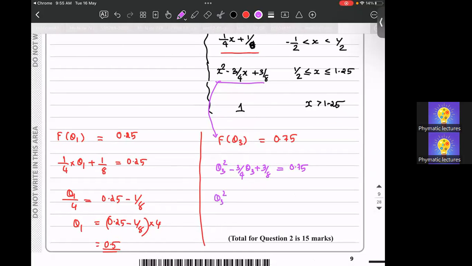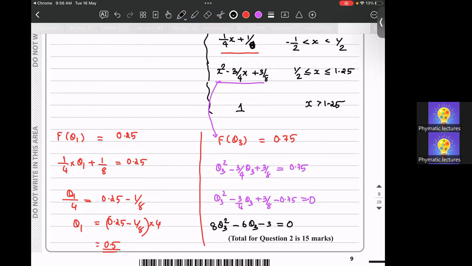So Q3 square minus 3 by 4 Q3 plus 3 by 8 minus 0.75 is equal to 0. So you multiply this completely with 8. So what happens is 8 Q3 square minus 6 Q3 plus 8 multiplied by 3 divided by 8 minus 8 multiplied by 0.75. So we will get it as minus 3.